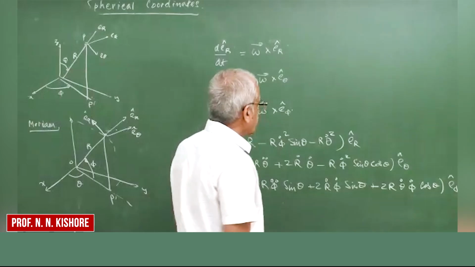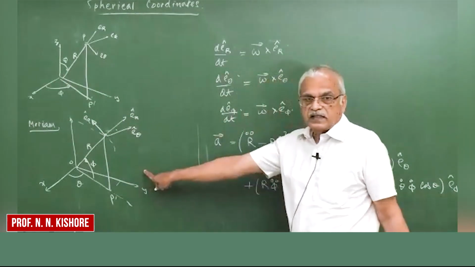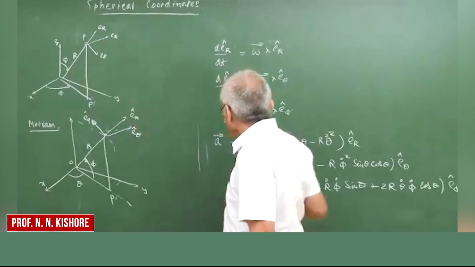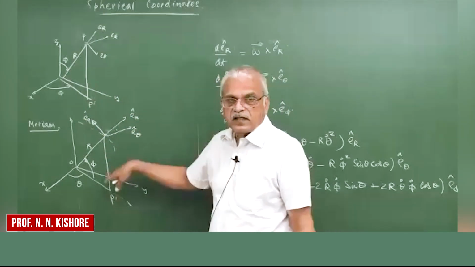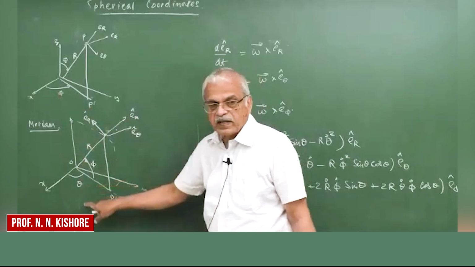So what's going to happen? If you want to go from this expression to this kind of representation, what you need to change is that this theta should be replaced by 90 minus phi, and this phi has to be replaced by theta.